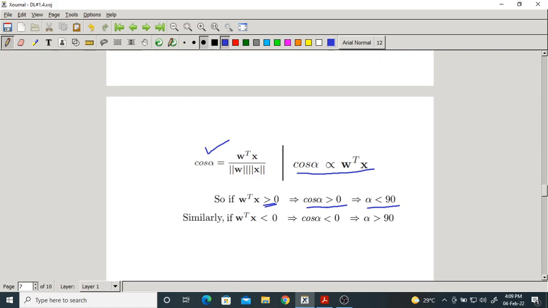This is simple trigonometry. Similarly, if W transpose x is negative, cos alpha is negative, so in that case alpha is more than 90 degrees. Is it very clear? So remember this. We are writing from the basics of the angle between two vectors, nothing more than that.